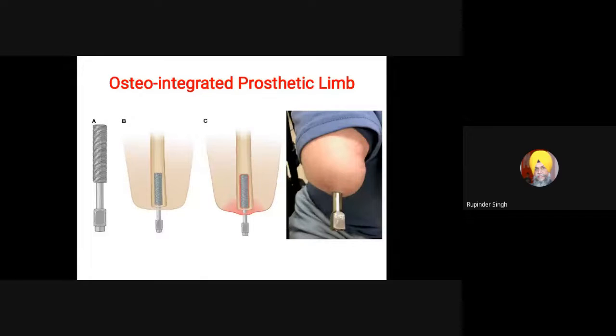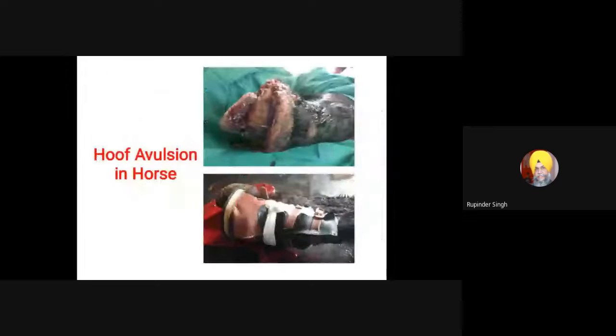Then there is another example where we can use 3D printing: a horse having a damaged hoof. In this case, the hard core of the hoof is lost.